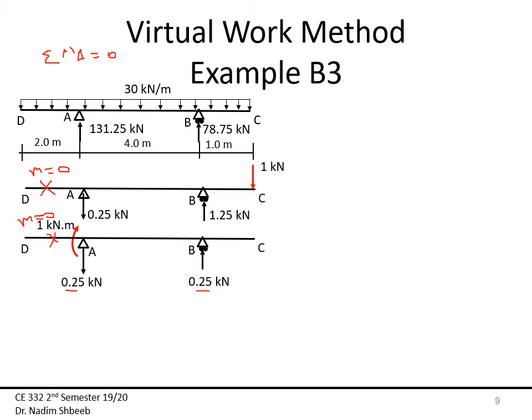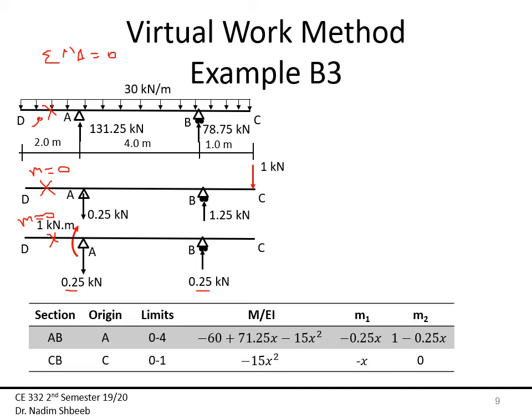So even if I find the moment function for part DA in the real system, I will have to multiply it by 0 for delta C, and I would also have to multiply it by 0 for theta A. So there's really no need to find that. So I'll be concerned only with section AB and section BC, and that's why I've chosen these two sections. So again, I'm choosing section AB. I'm choosing the origin at A. The limit is from 0 to 4.